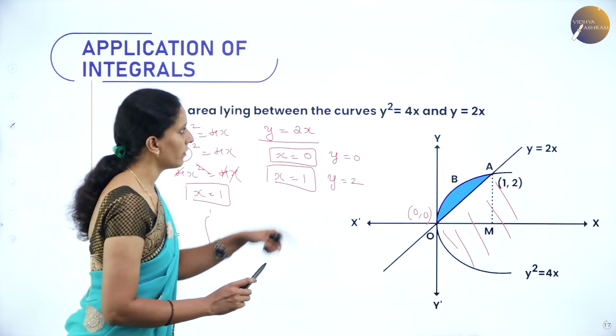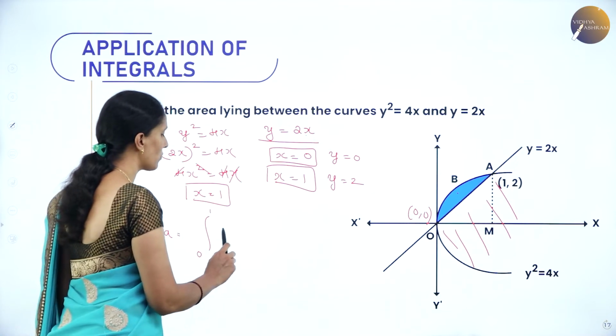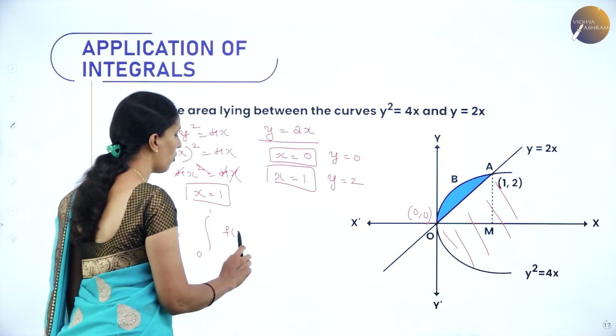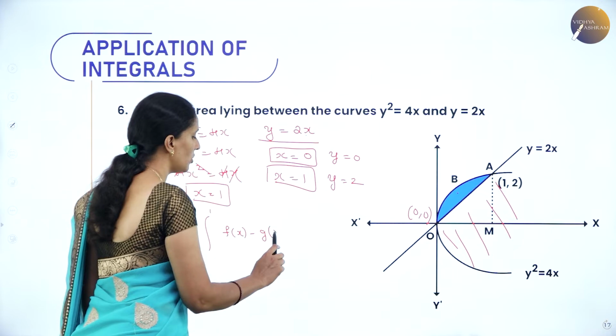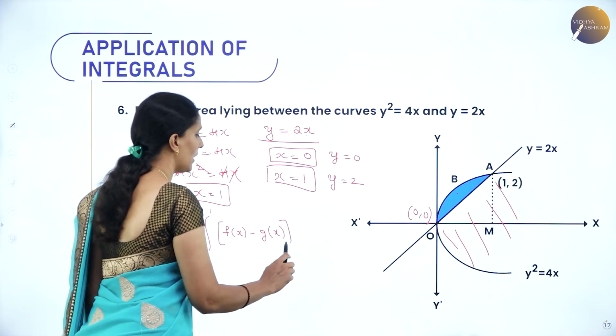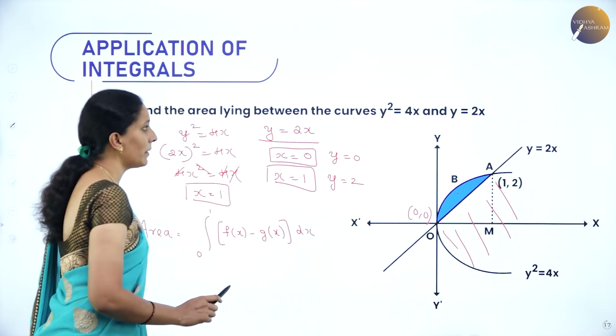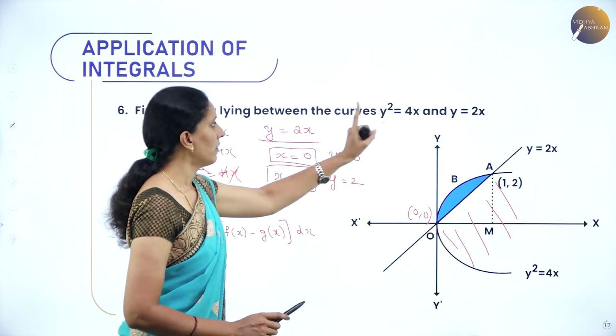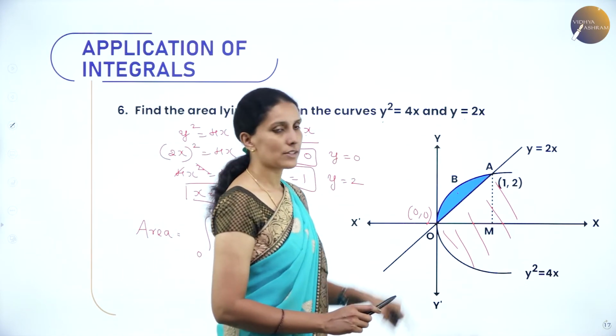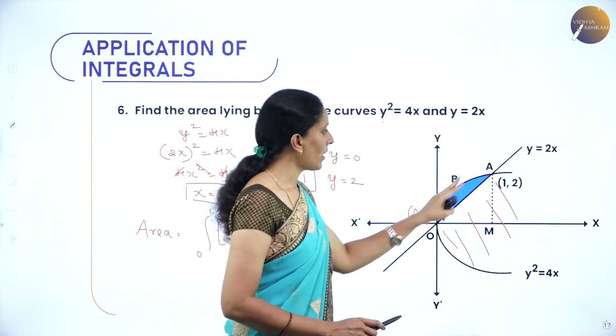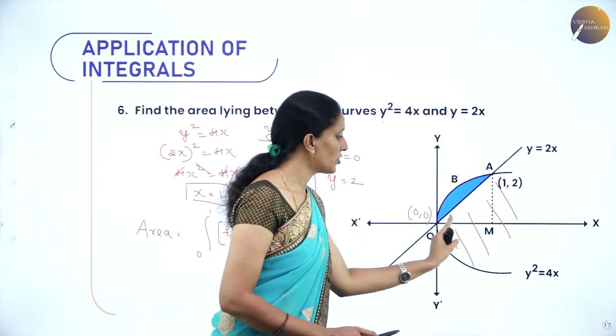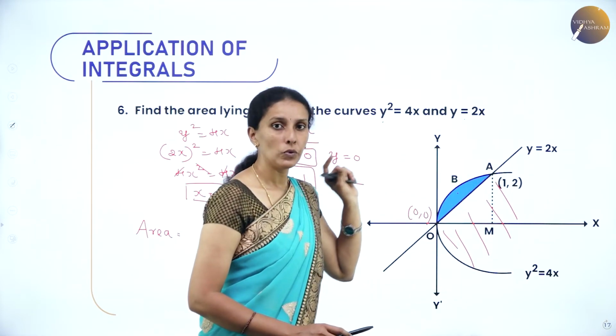First function we have 4x. We will take it in the form of f of x minus g of x into dx. So let me take f of x as this function and g of x as this function. If you subtract the total area from this, you will get the blue shaded region.